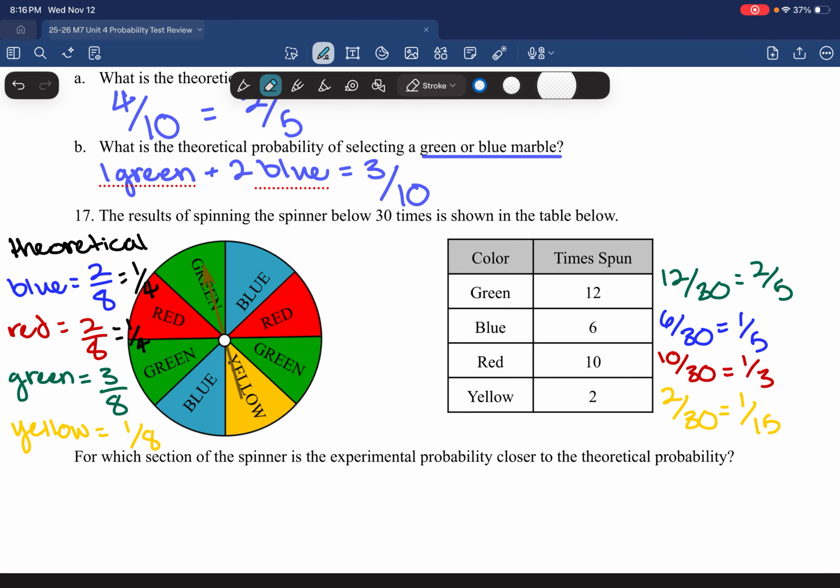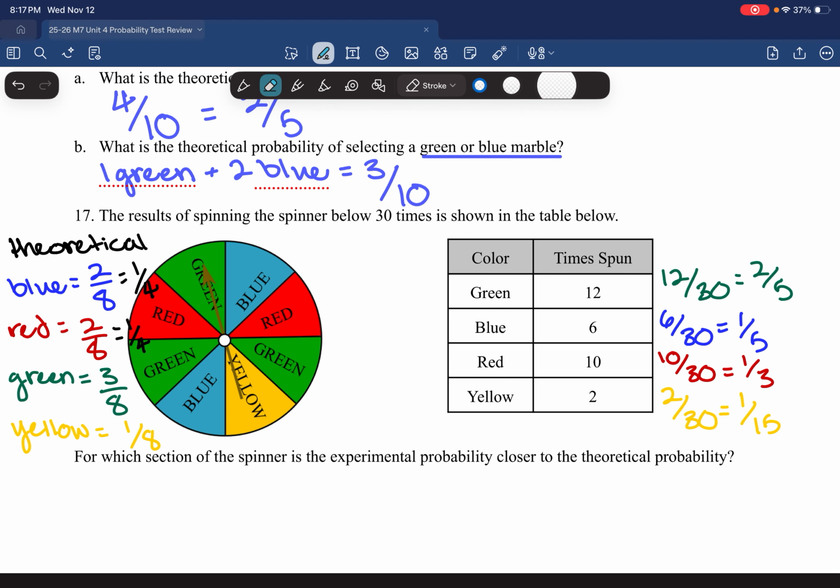All right, let's do green. So 3/8 is 0.375, I believe. 0.375, yes. And then green is 2/5, which is 0.4. All right. And then let me check red and blue. So 1/3, 0.3 repeating, versus 0.25.